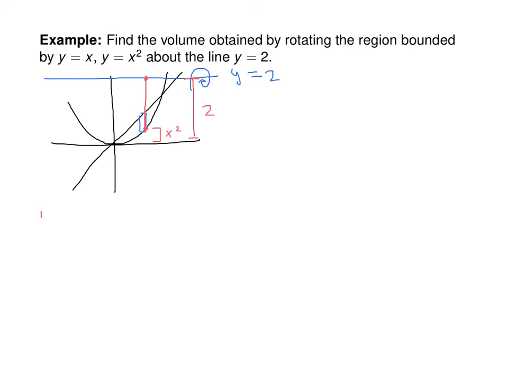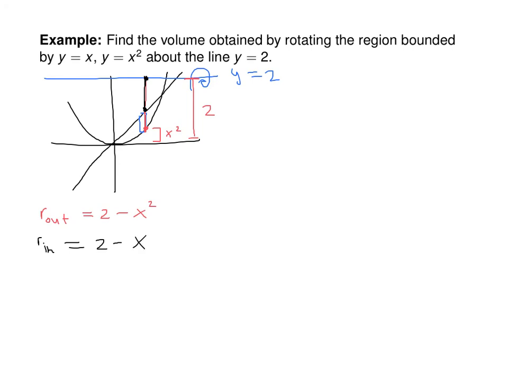So your outer radius is actually 2 minus x squared. Now find your inner radius in a very similar fashion. R in, that's the distance from this axis of rotation to the inner curve. In this case, that is 2 minus x.